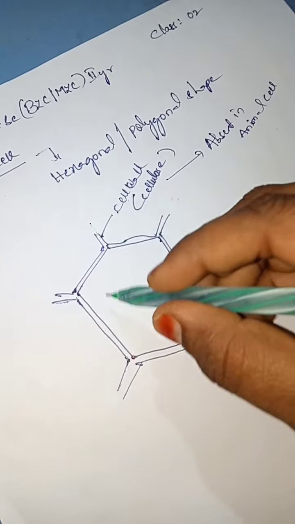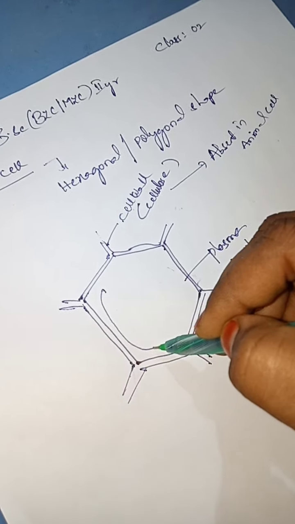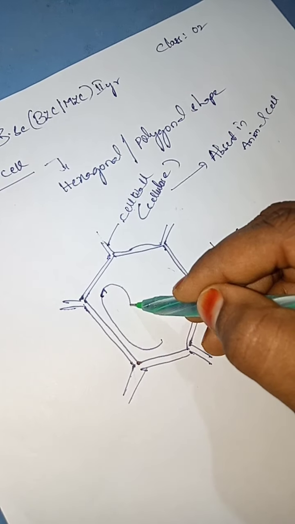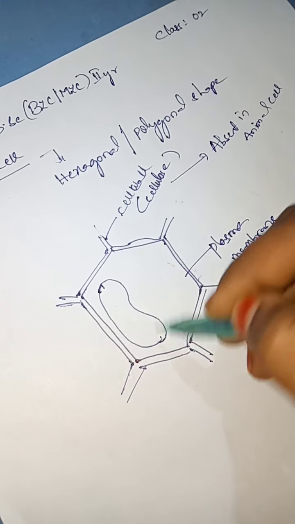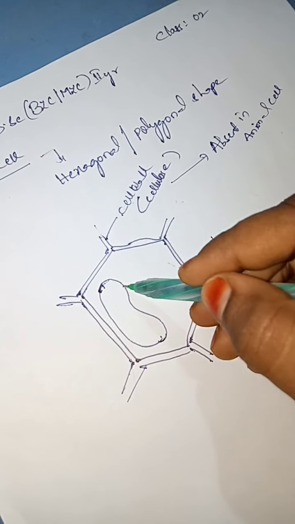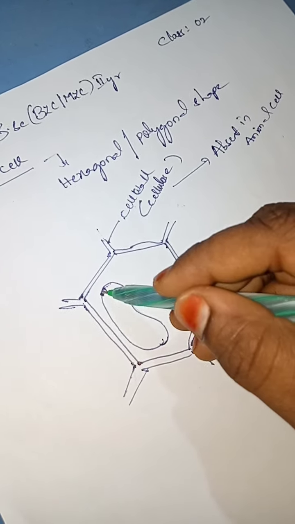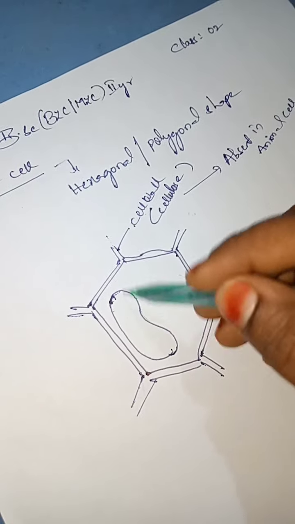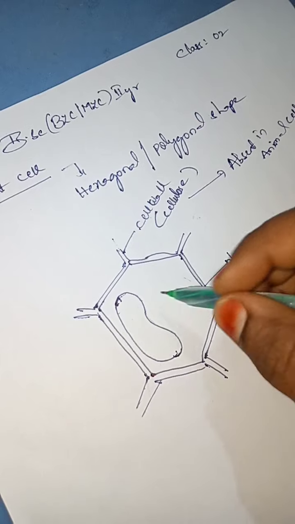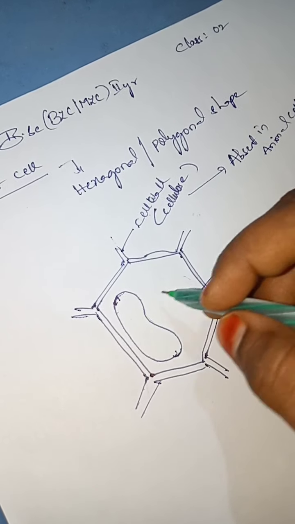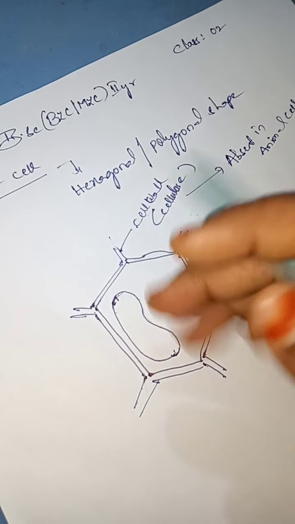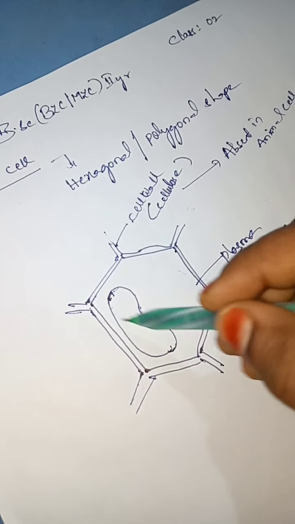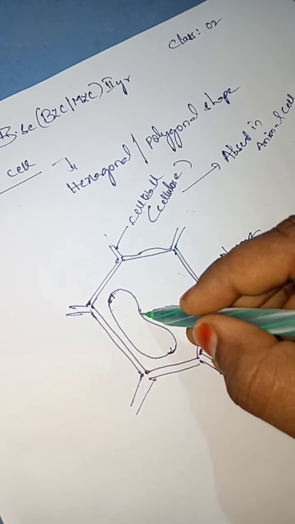Now I'm going to draw the vacuole. Why am I drawing the vacuole at one side? Because many other structures will be present inside the cell, so due to the bigger size of the vacuole and other structures in the cell, the vacuole has shifted to one side. So this is the vacuole, bigger size.